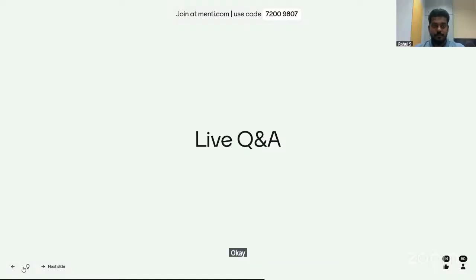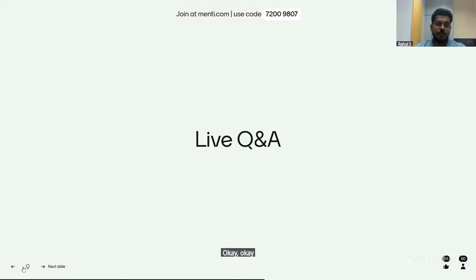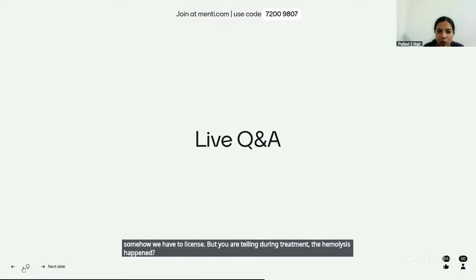Okay, Pallavi, please go. Cancer cells, is it hemolysis, or are you specifically asking about blood cancer? Because cancer cells we need to kill, somehow we have to lyse them. But you are telling that hemolysis happens during treatment. I didn't get your point.